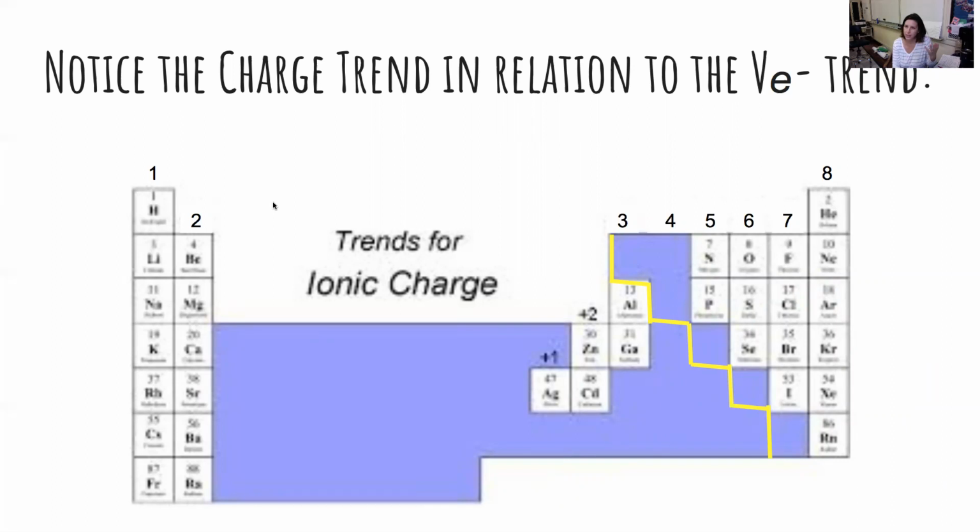Now, using your logic, I want you to understand this charge trend rather than just jot it down. It's nice to have it there when you're doing a complex problem, but let's take a moment to understand why the charge trend works. As you know, metals lose electrons in order to have their next shell down be full and meet the octet rule.